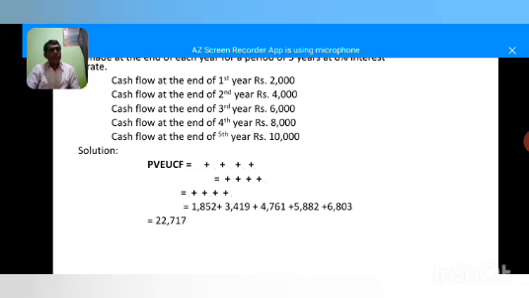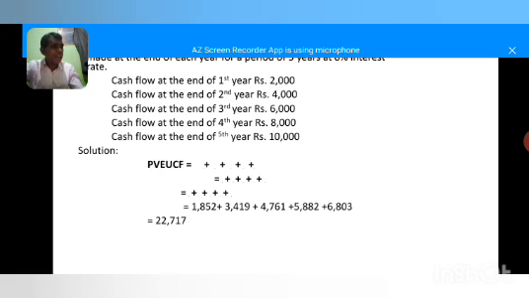Now simplify this amount: 4,000 divided by 1.08 for the first year, plus 6,000 divided by 1.17 for the second year, 7,000 divided by 1.26 for the third year, 8,000 divided by 1.36 for the fourth year, and 10,000 divided by 1.47 for the fifth year.